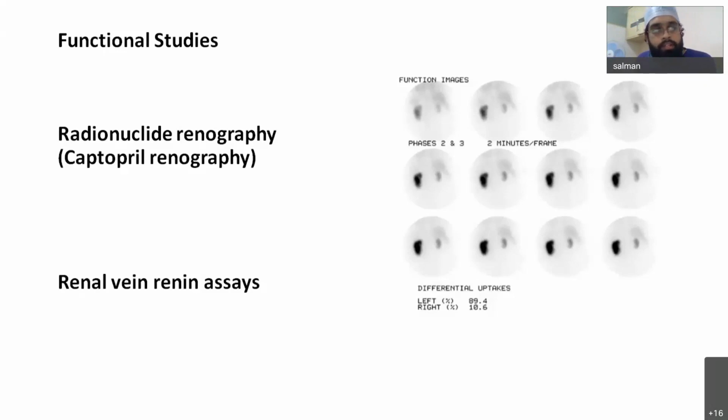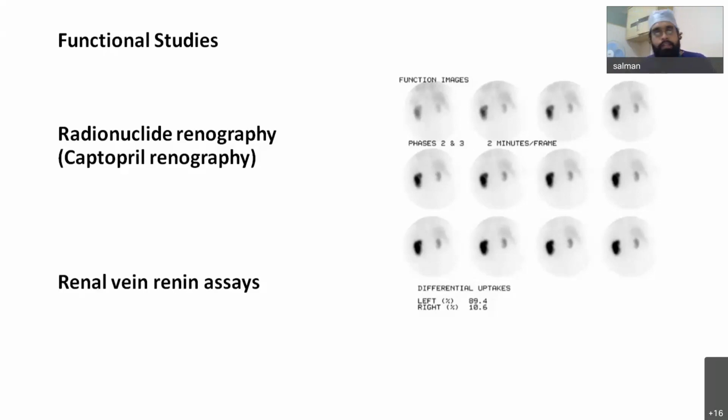Two studies in this are radionuclide renography, which is also called captopril renography. In this, radio-labeled 99 technetium mercaptoacetyl triglycine is the radioactive agent which is used and which is excreted by the kidney, and the excretion can be read by the radioactive cameras.